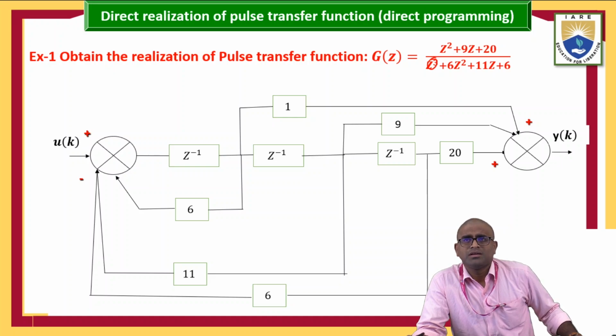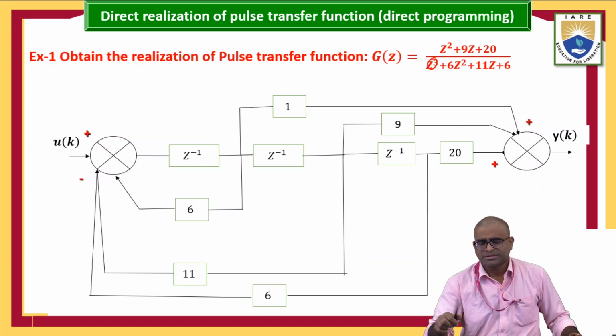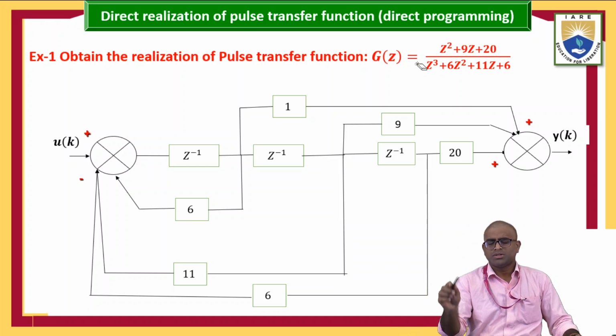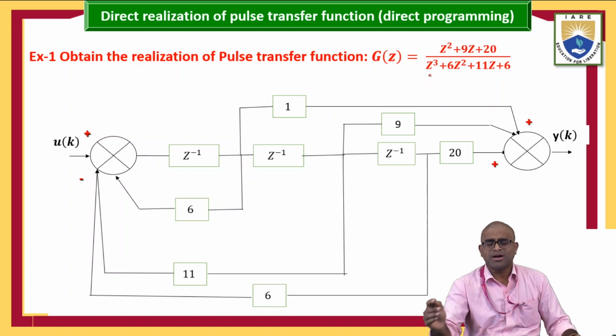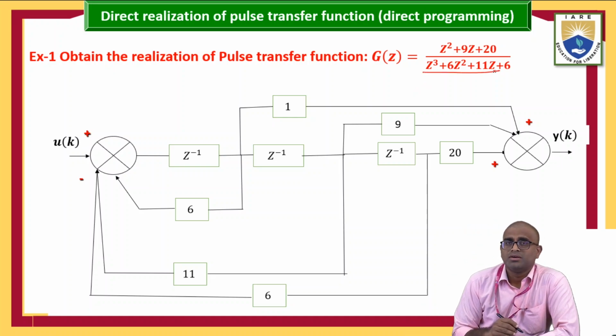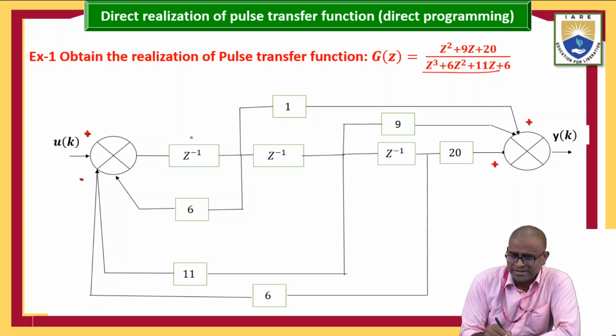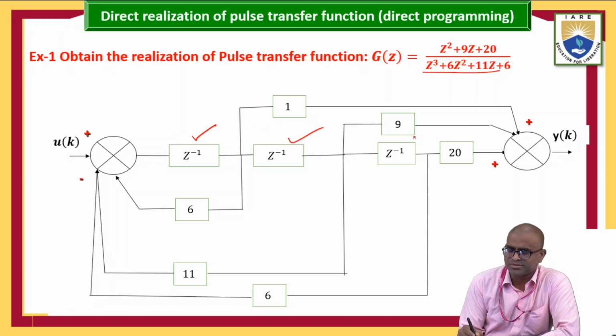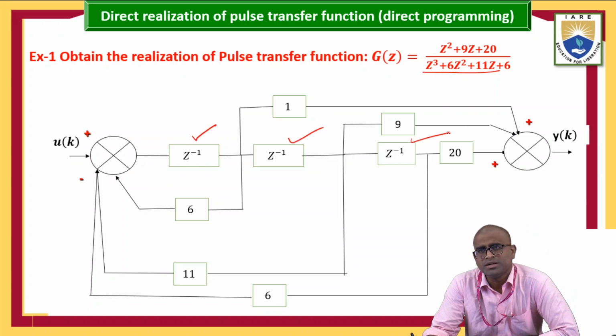Order is nothing but the highest power of the value in the denominator. That is z cube. The order is 3. So z power of minus 1 is coming as 3 terms.